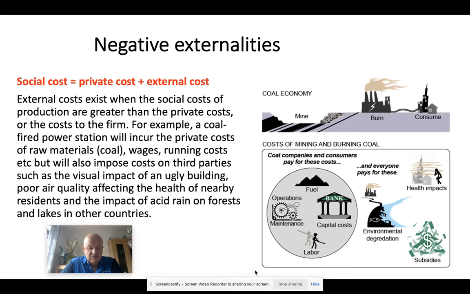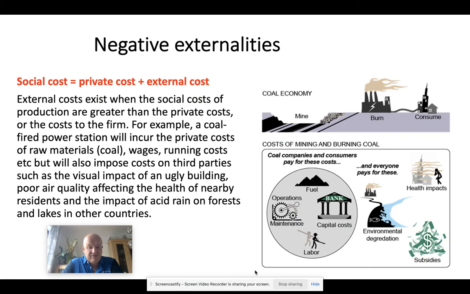If the social costs of production are greater than the private costs, then with a coal-fired power station, for instance, you've got a number of private costs, so the raw material like the coal, wages, running costs, etc.